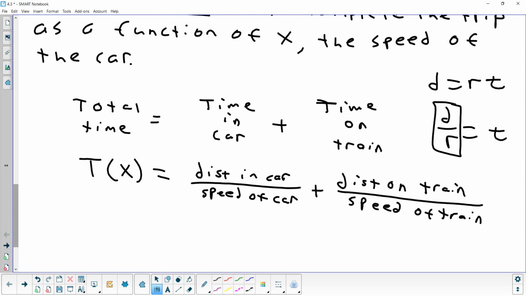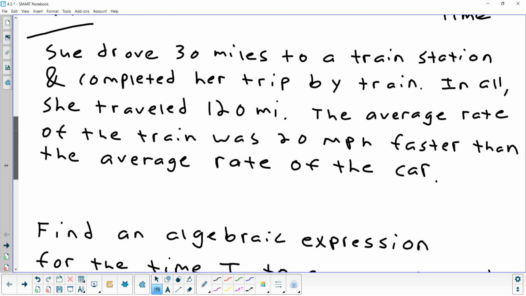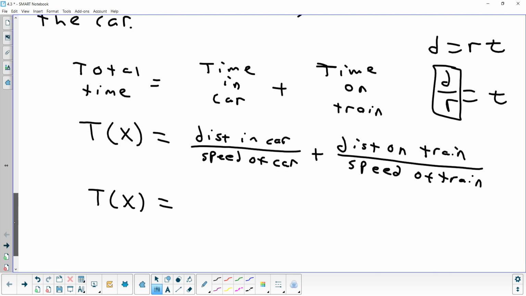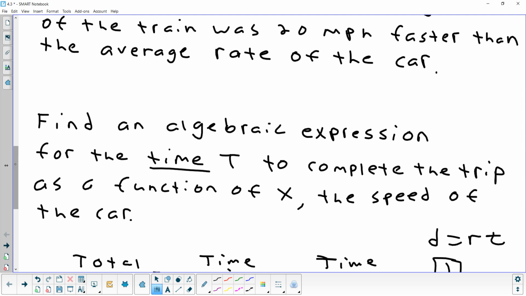Now I have 4 things to fill out. We're going to scroll up in the word problem and see if we can figure them out. The distance she travels in the car. What's the distance that she traveled in the car? 30 miles. Divided by, what's the speed of the car?